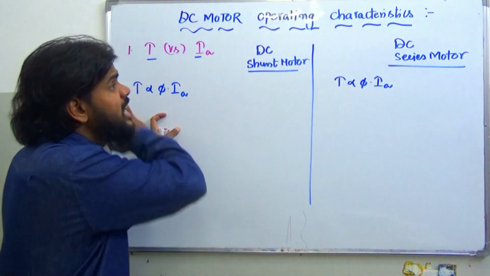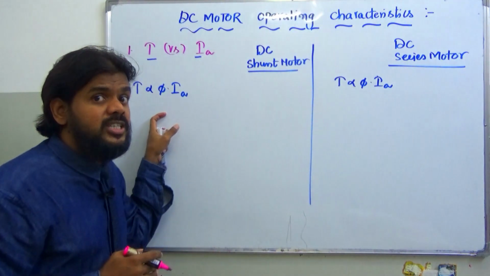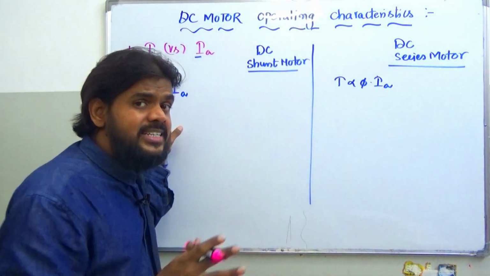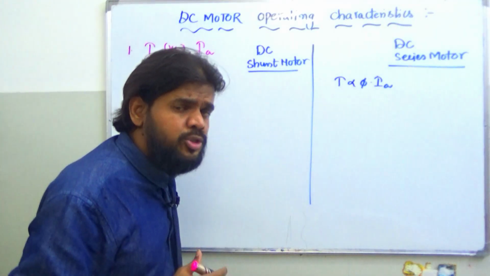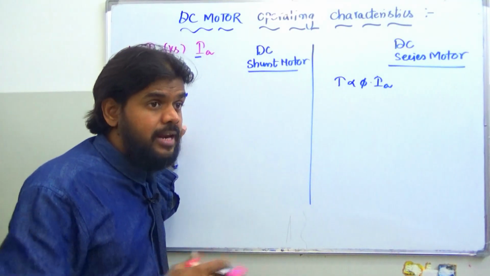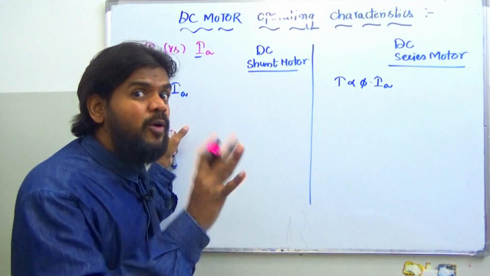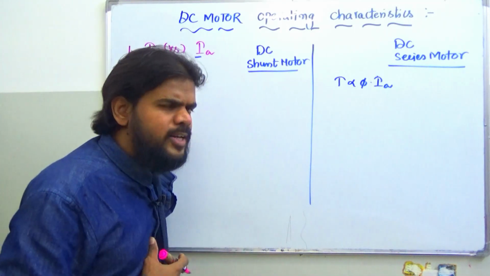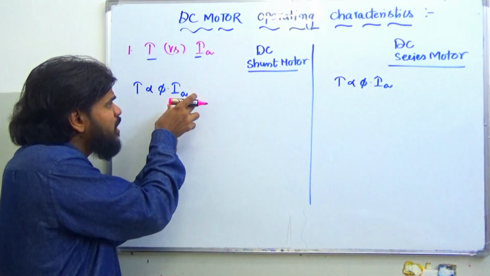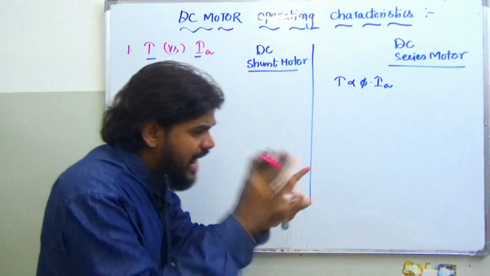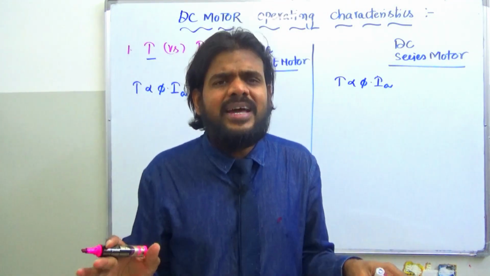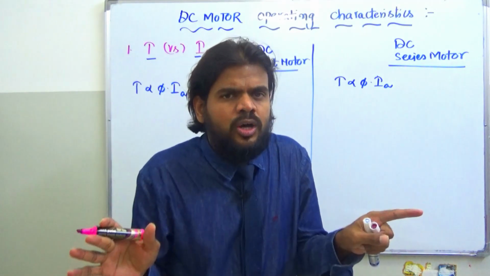Whenever you take any of the characteristics of this particular DC motor, you're going to analyze the entire characteristics with respect to the load. So when there is a change in the load, as I said in the beginning itself, how the motor behaves or responds to that. Ia doesn't change on its own. Ia only depends on the load.